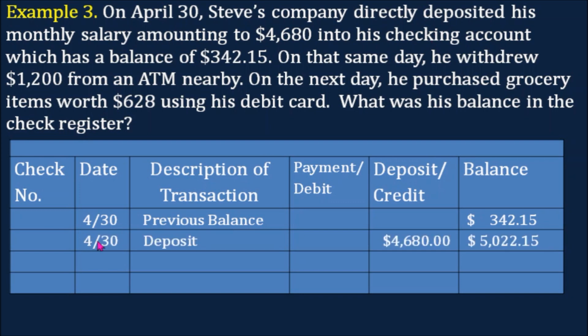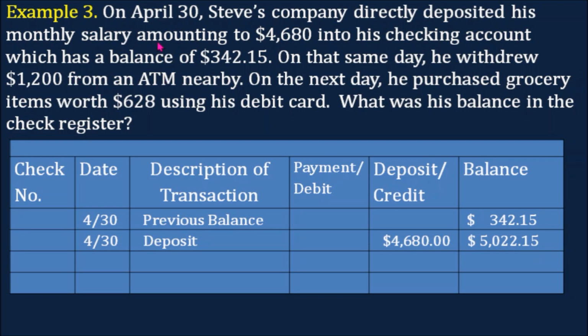So on the same date, April 30, the transaction is deposit. The amount is $4,680. We enter the amount on the deposit or credit column. Then we add this amount to the previous balance, $342.15. The new balance here is $5,022.15.